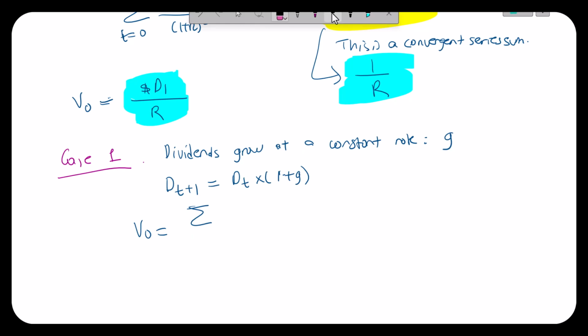and 0, 1 to infinity. Again, provided R is greater than G, this series is also convergent.